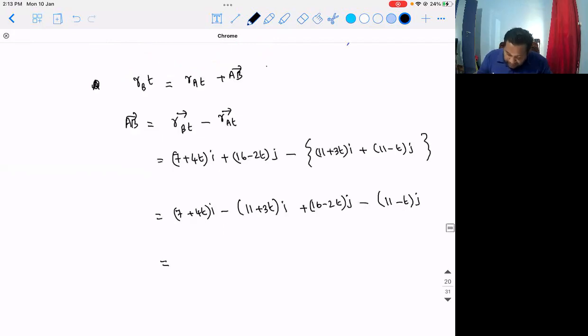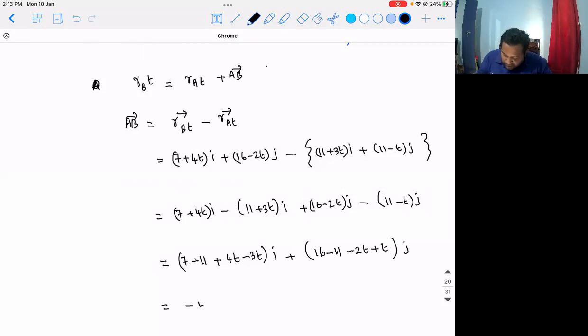If we expand, what happens? 7 minus 11 plus 4t minus 3t, i, so it becomes (-4 + t)i, plus 16 minus 11 minus 2t plus t, which is (5 - t)j.